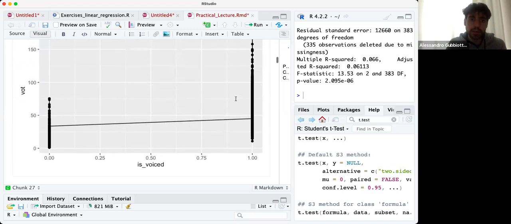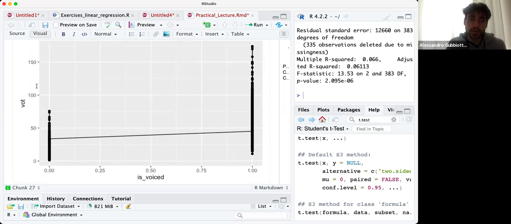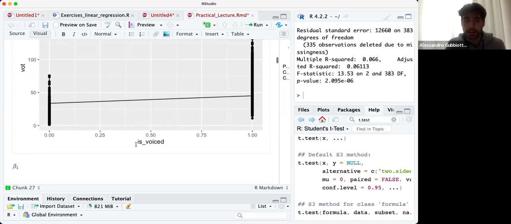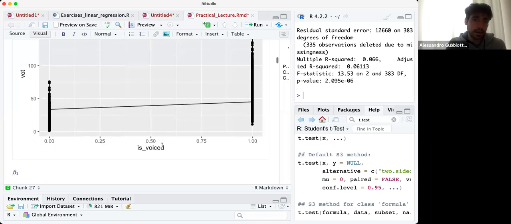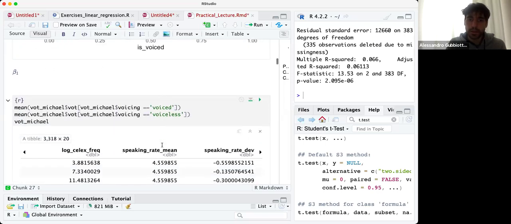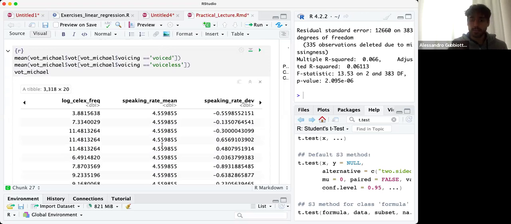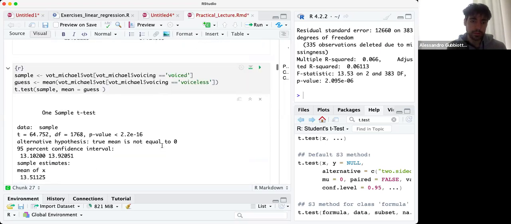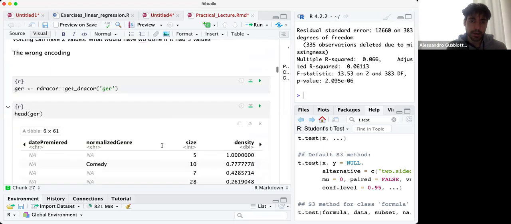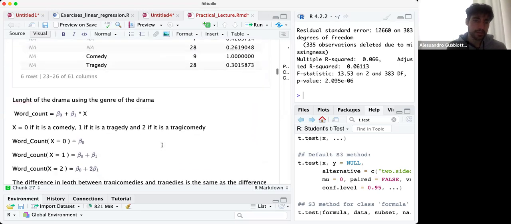In particular, it tells us that the vocal onset time depends on the x variable, so on the variable is voiced. Now, the fact in statistics is that a dependence doesn't mean causality. And I wanted to simply state better this fact.